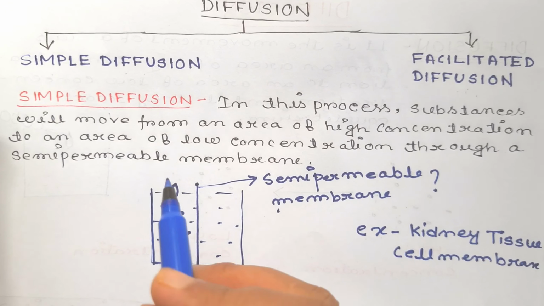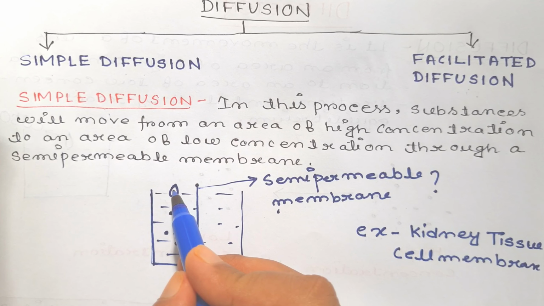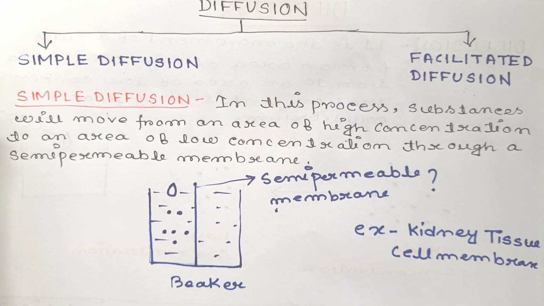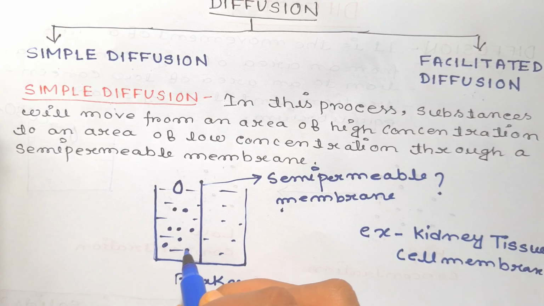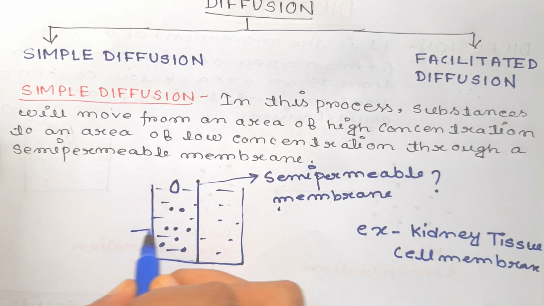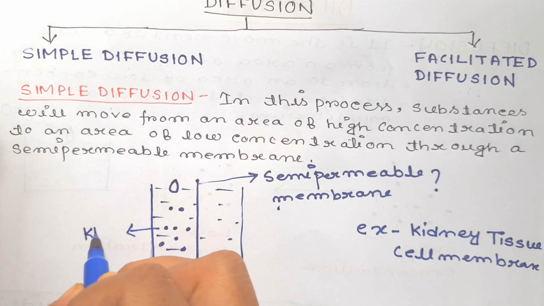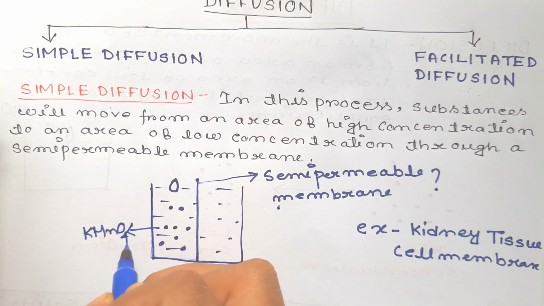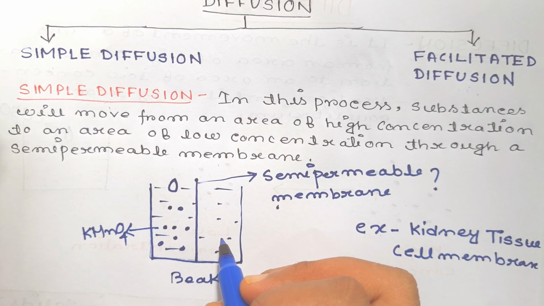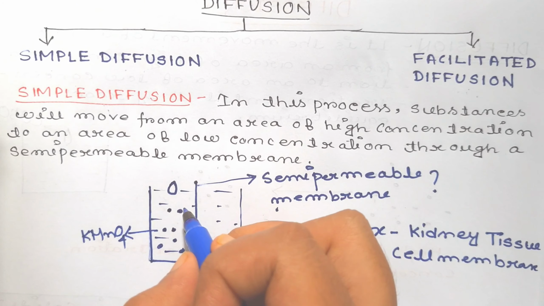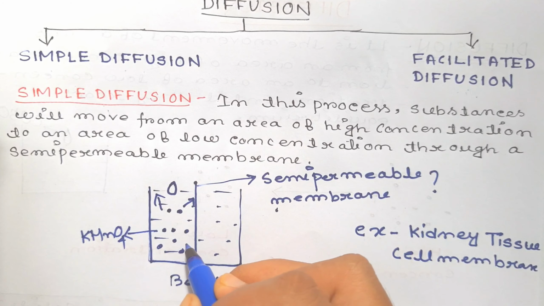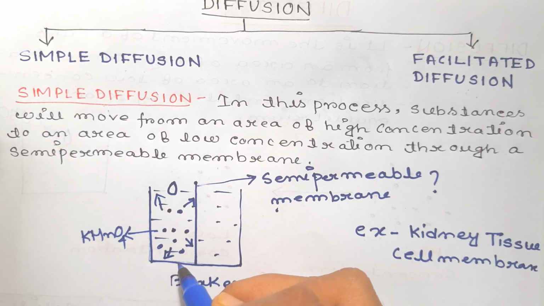Okay, now let's see this. In this beaker, we add some drops of potassium permanganate. Think these are the molecules of potassium permanganate. After adding potassium permanganate, the molecules of KMnO4 randomly move all over. They start random movement.